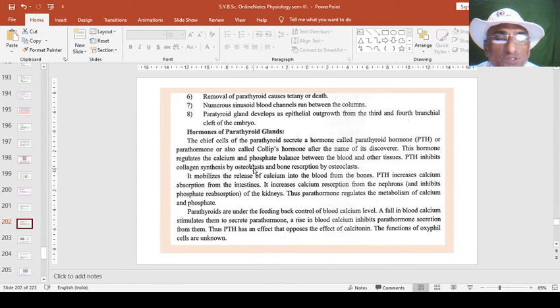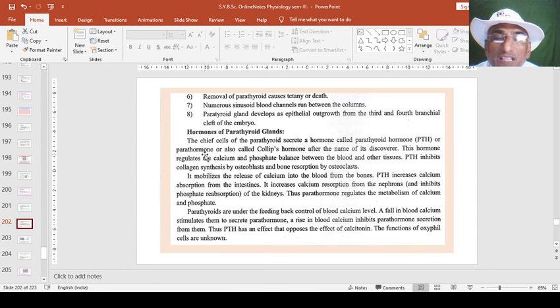The hormones secreted by the parathyroid glands include the parathyroid hormone, PTH. The chief cells present in the parathyroid gland secrete a hormone called parathyroid hormone or parathormone, also called Collip's hormone, after the name of its discoverer, Dr. Collip.